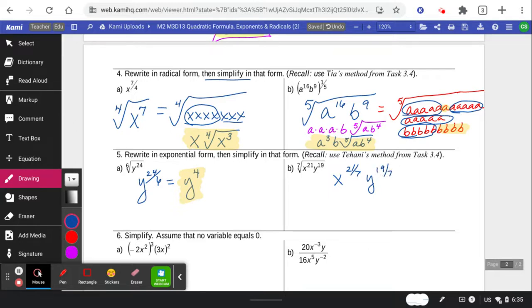And let's look. Do those work out to whole numbers? 21 sevenths, yes. 7 goes into 19 2 times. So this is going to become y squared, but there's 5 left over. So that's going to leave us y to the 5th inside left over.